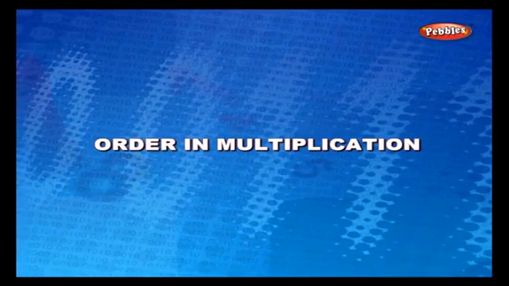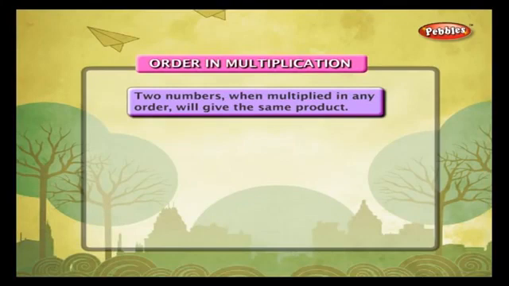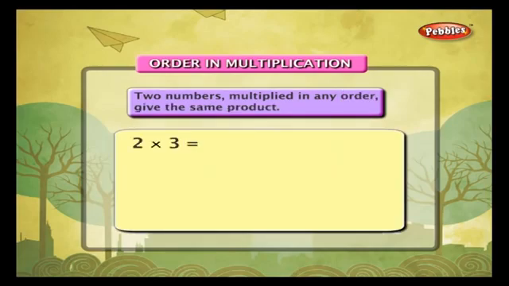Order in multiplication. Two numbers when multiplied in any order will give the same product. Example, 2 into 3 is equal to 6. When you interchange the numbers and multiply, that is 3 into 2 is also 6.